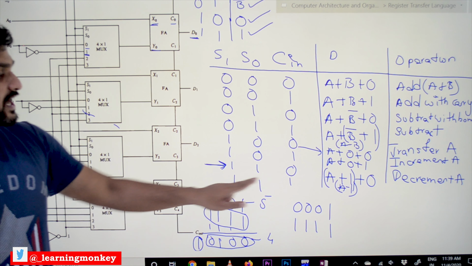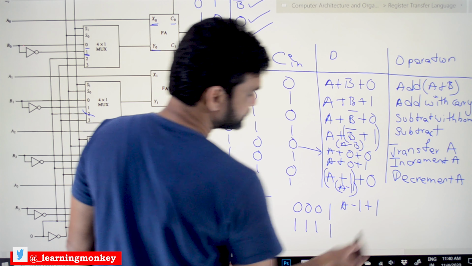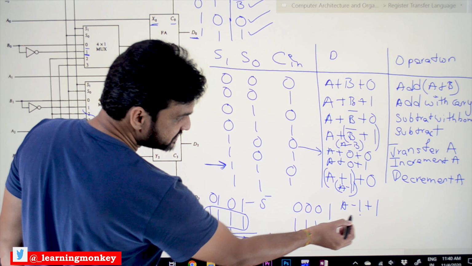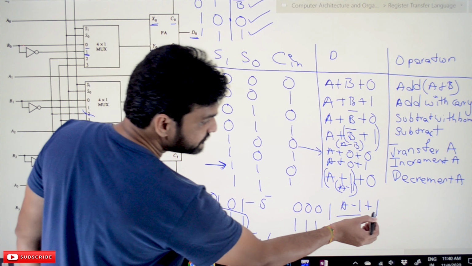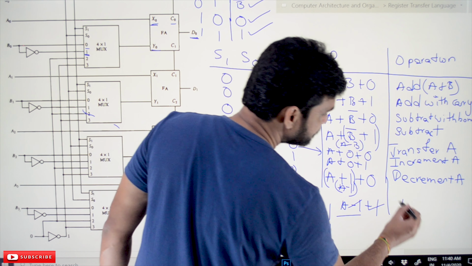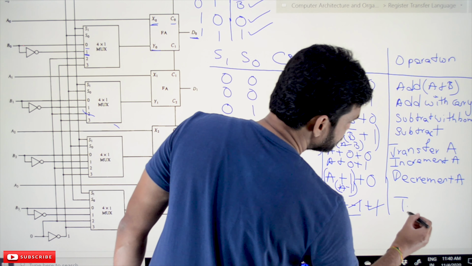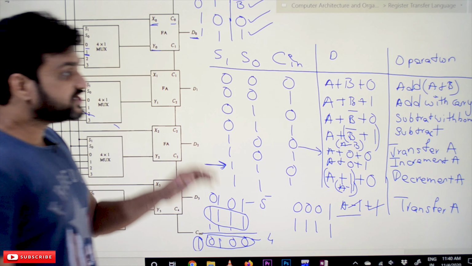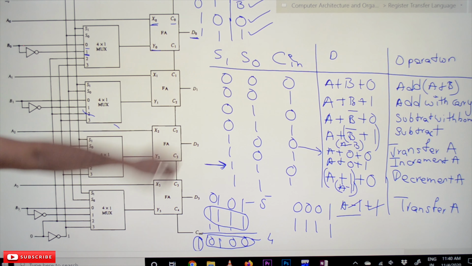It is A minus 1 plus 1. So we are doing A minus 1 here and here we are going to add 1, which means it is going to be A, which is transfer A.